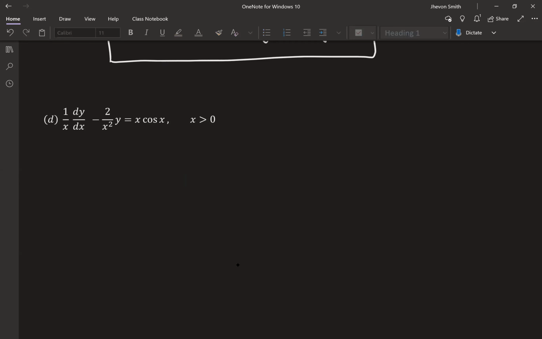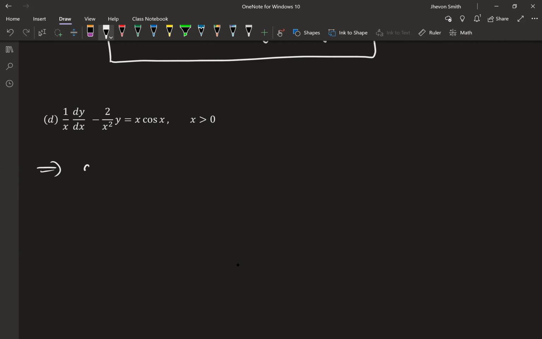Right, multiply by x to put it in standard form. I believe for this one, you're going to notice something that happens. Okay, so this would be dy/dx minus 2 over x, y equals x squared cosine x.